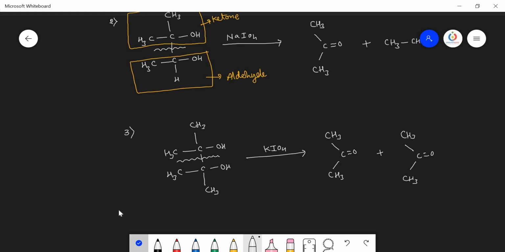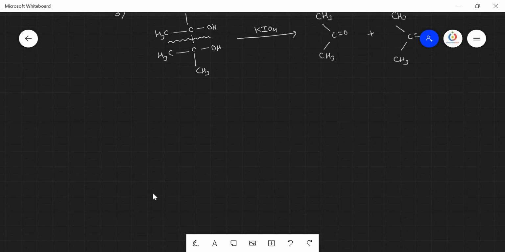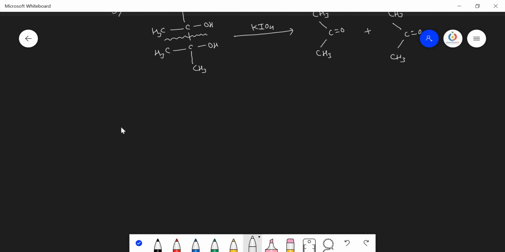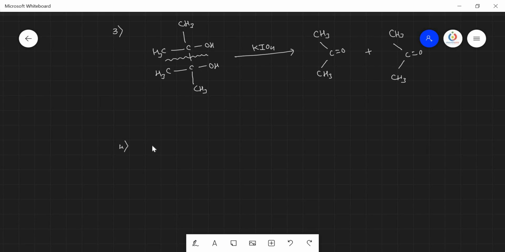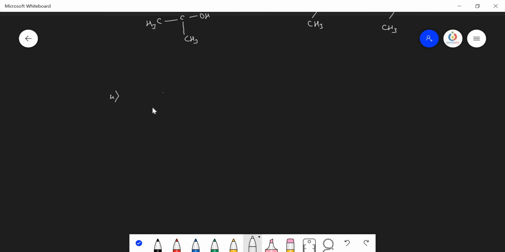Okay. Now let's take some cyclic example. This is the fourth example. In this fourth example, you see the OH groups are present, and you take HIO4, or you can take lead tetraacetate also.